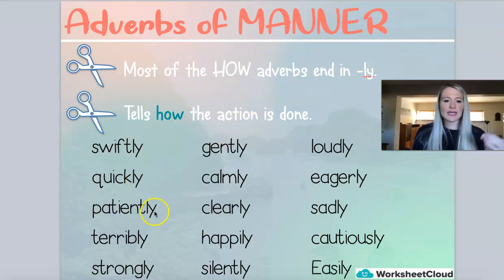So swiftly, quickly, patiently, terribly, strongly, gently, calmly, clearly, happily, silently, loudly, eagerly, sadly, cautiously, easily. So it tells us how something is being done, right? And you can see that most of them end in an ly. So let's look at some examples of where and how we would find an adverb of manner.